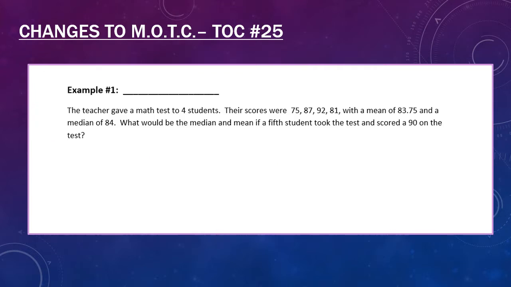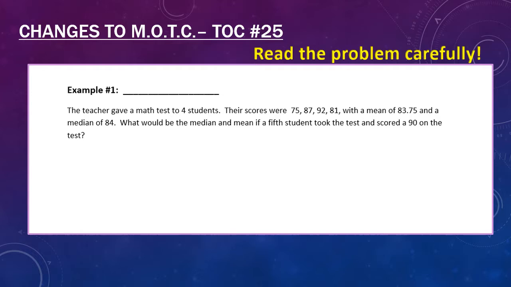All right, so let's get started looking at our first example. And with all of these problems, like with any wordy problem, read the problem carefully. So let's read the whole problem first. The teacher gave a math test to 4 students. Their scores were 75, 87, 92, and 81, with a mean of 83.75 and a median of 84.